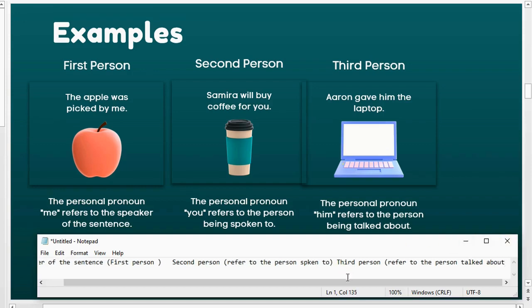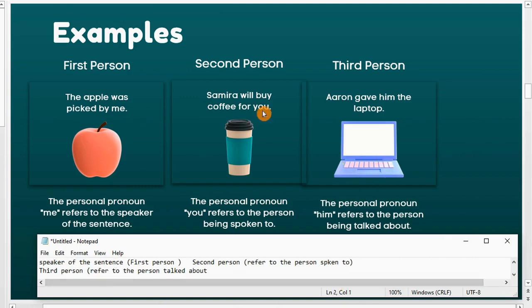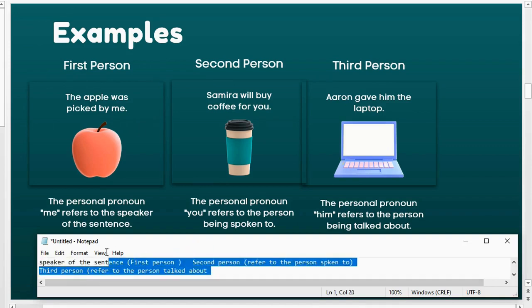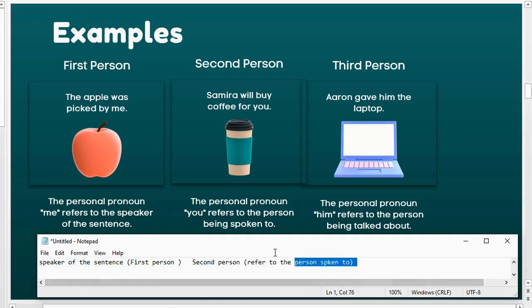Now you know what a personal pronoun is: first person, second person, and third person. I hope it is clear in your mind now. Now we move to another slide.